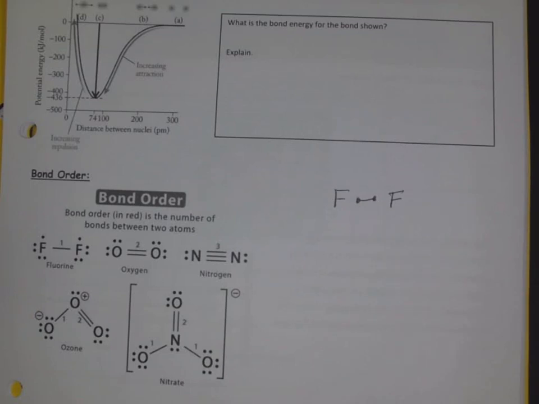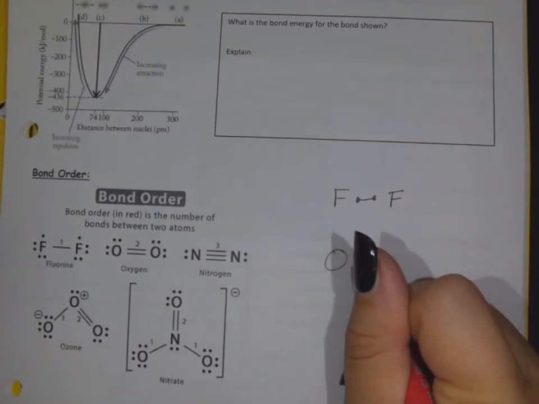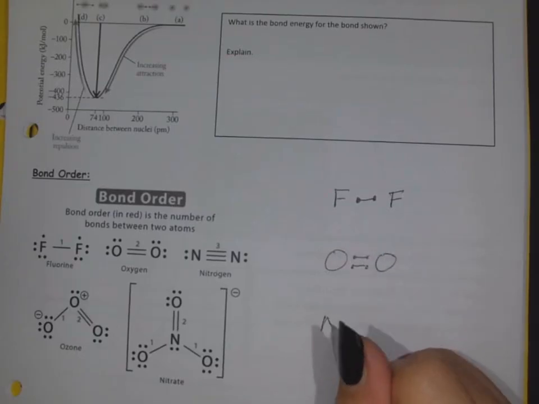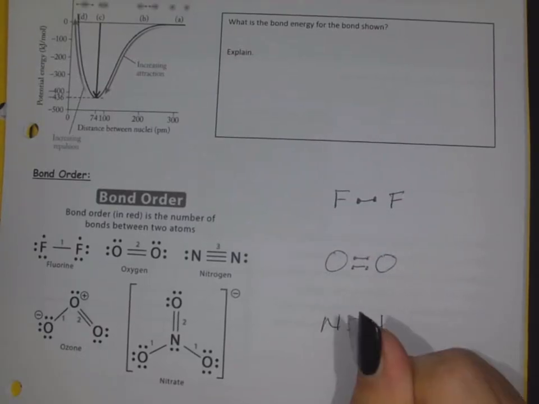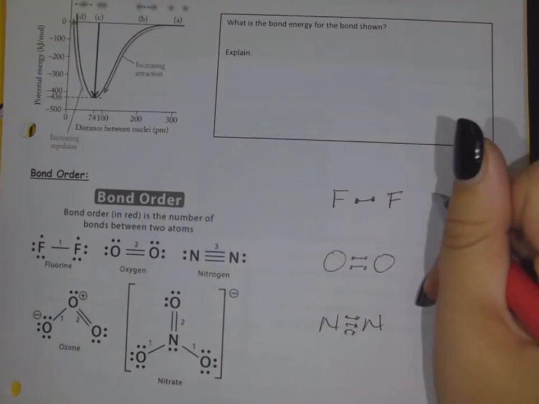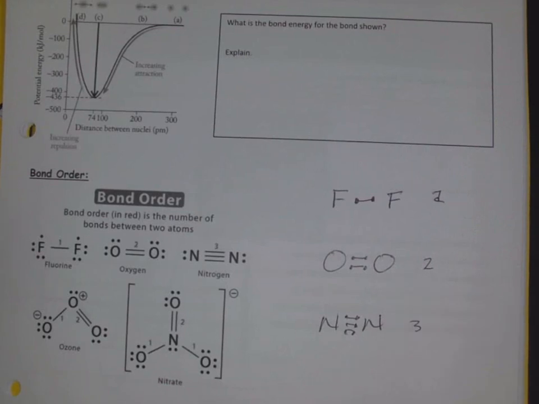That's a single bond. But if this happens for two pairs of electrons, that would be a double bond. And then for three pairs of electrons, this would be a triple bond. Okay? The greater the number of electrons, the greater the bond order and greater the strength. Like we would say that this has a bond order of 1, this has a bond order of 2, and this has a bond order of 3.